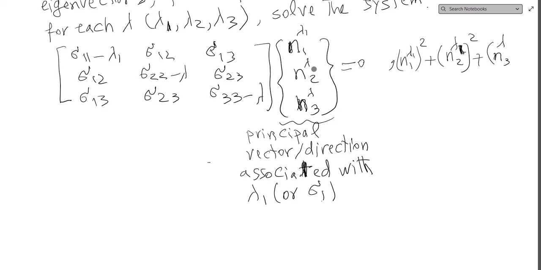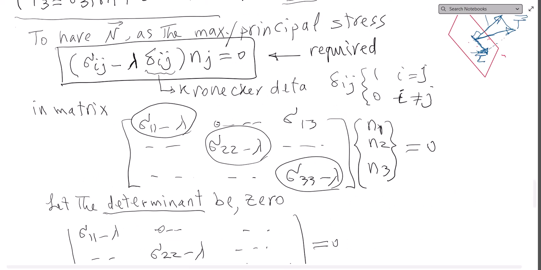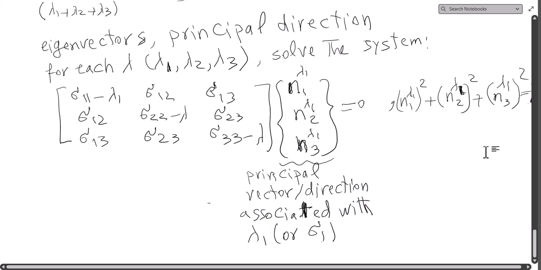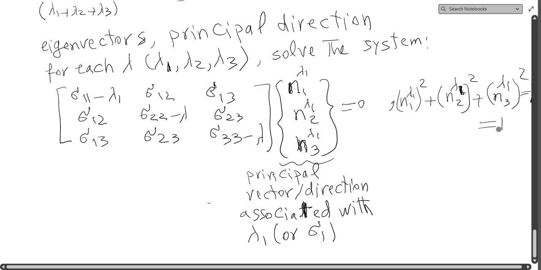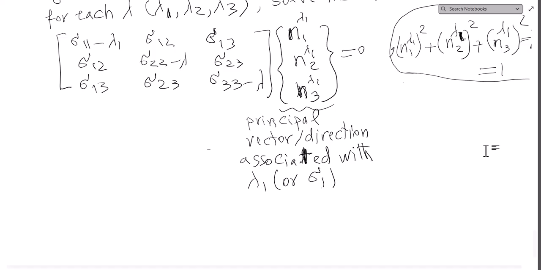Okay, sorry for that. This is lambda 1. The sum of squares should be equal to 1. So this is your condition. If you solve this system, the solution for the n will be your principal direction.